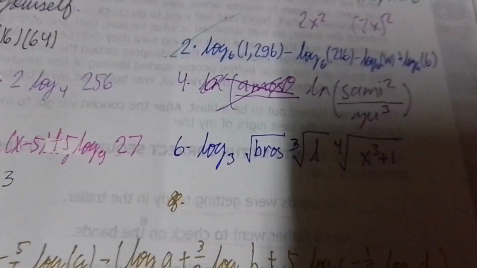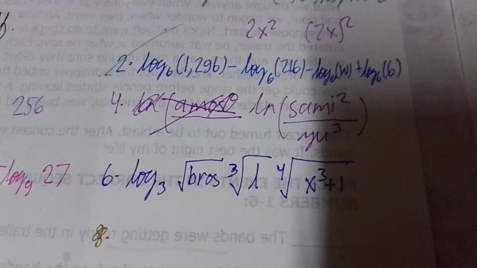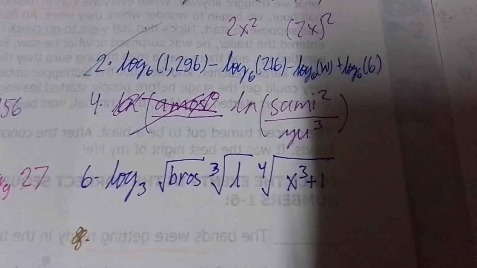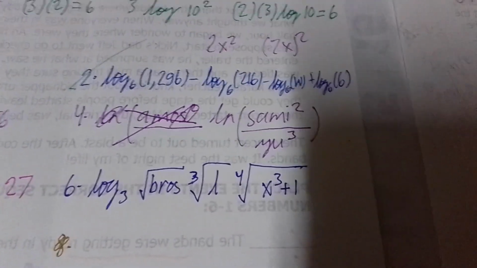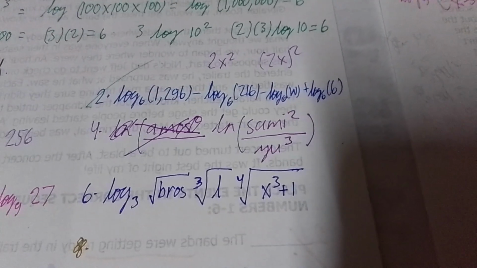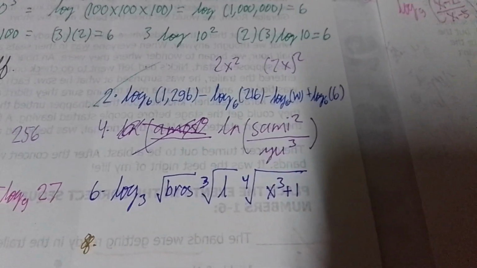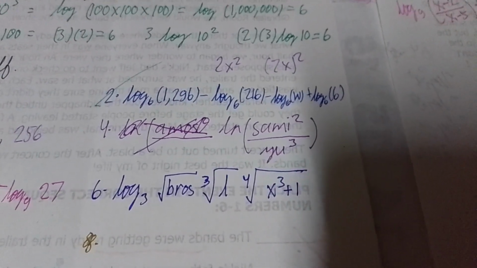That's it. Now, let's go on to the next number. Since number 5 is already done, it's time to go to number 6. In our 6th problem, we have one log, and we have so many roots. So, we need to expand the logarithm. But this time, look.